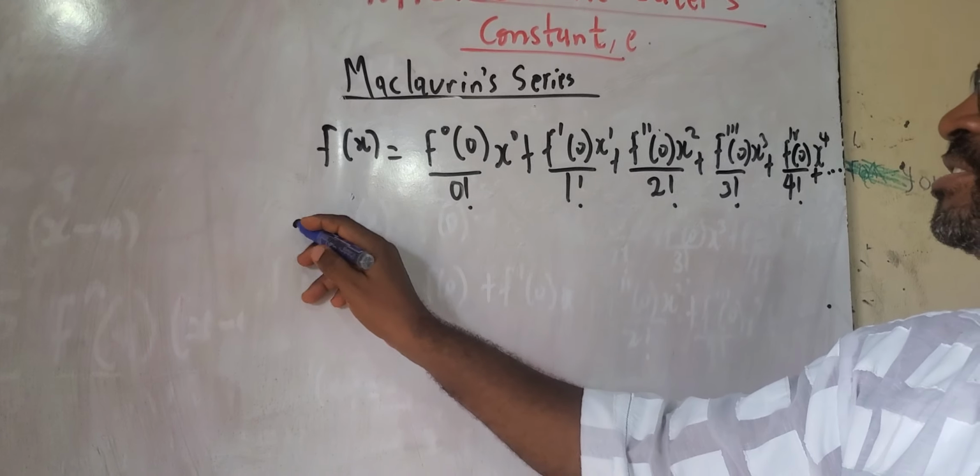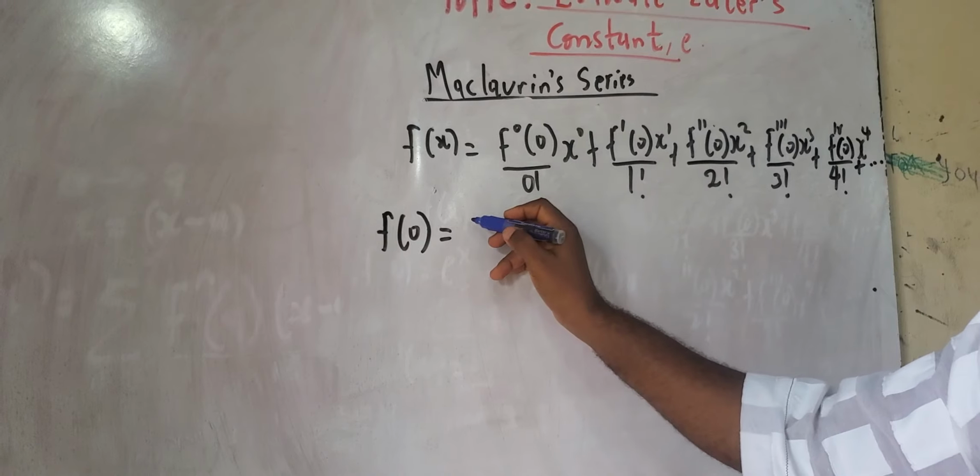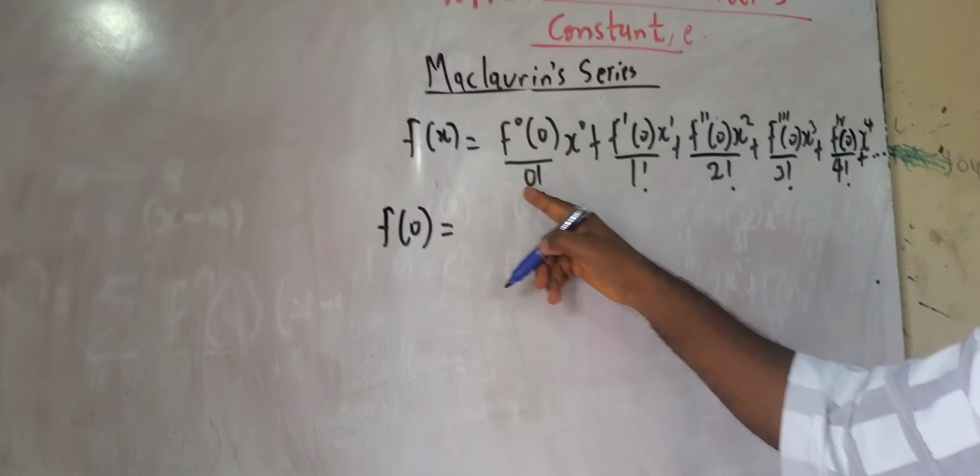So I can rearrange this series and rewrite it in this format. f of 0 actually means the same function. x raised to power 0 is 1, and 0 factorial is 1.